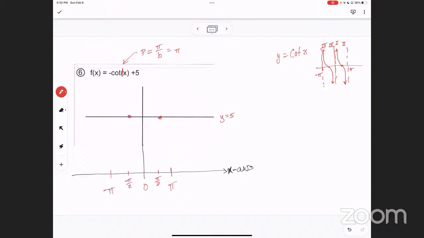That's where it's going through. And let's draw in our asymptotes. There are asymptotes. Got it? And then because of the negative here, it normally would have gone like this, but now it gets flipped and it goes like this, like a tangent function. Looks more like a tangent function graph.